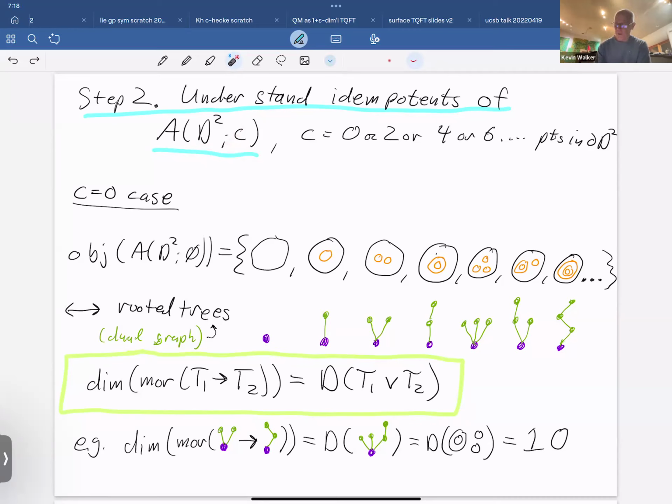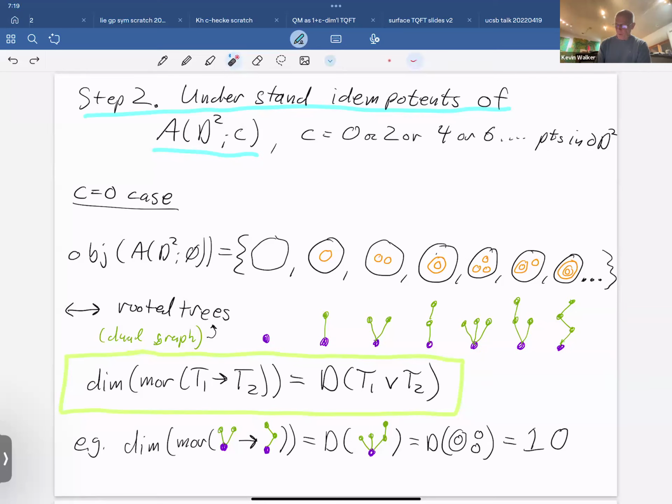And so let's take the simplest one, c equals 0, so a disk with empty boundary. And so now the objects are going to be collections of circles in the disk. And these are the same thing as rooted trees because the outer region is distinguished. That's the purple one. So here I've drawn various collections of circles, and here are the corresponding rooted trees.